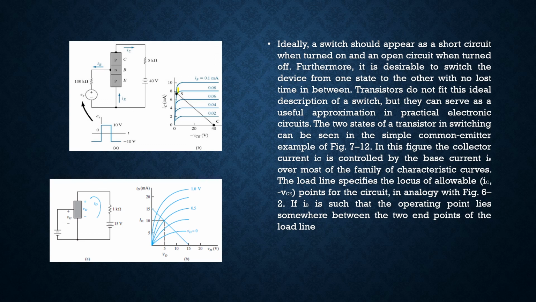I think while differentiating between BJT and FET, I mentioned that our BJT is a current controlled device and FET is a voltage controlled device. Similarly, FET has source, drain and gate, while BJT has collector, base and emitter.